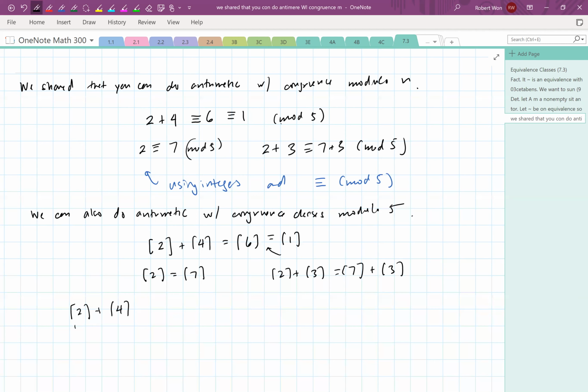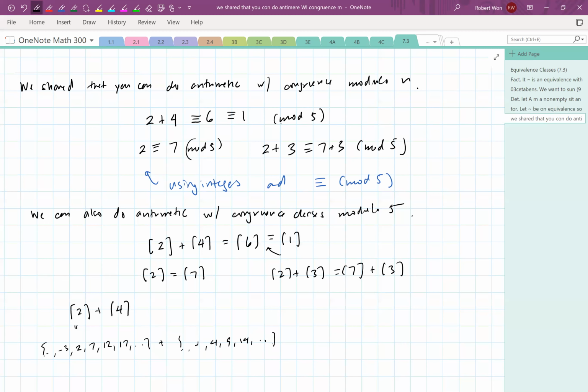This is the set consisting of all integers which are congruent to 2. This is the set of all the integers that are congruent to 4. What do I mean when I add them?